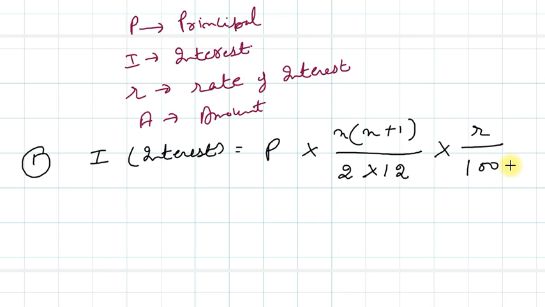Where n is the number of months, P is principal, R is R percent. So to remove percent, we divide it by 100, right?